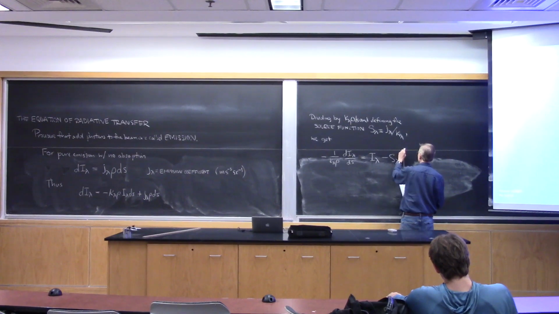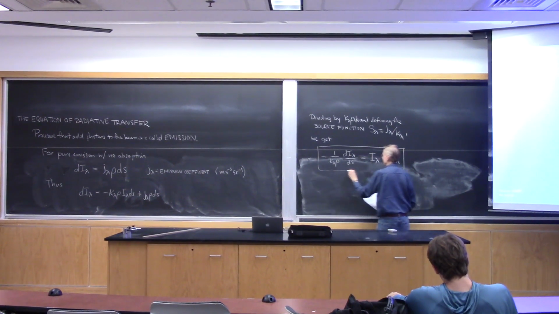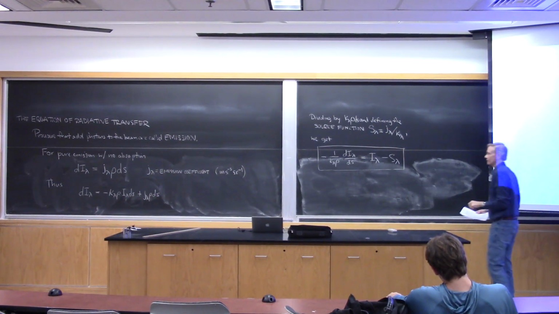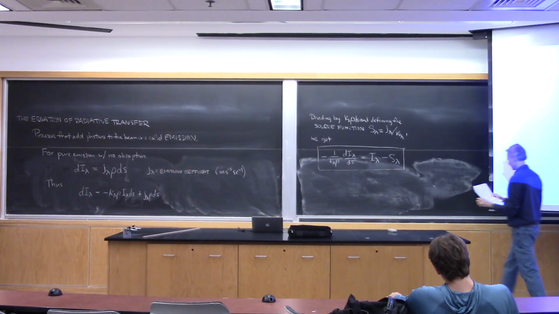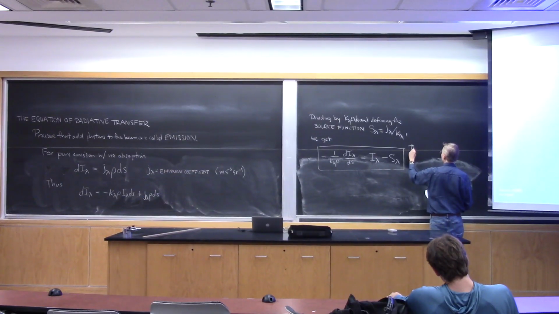So this gets a box around it because this is the vaunted equation of radiative transfer.